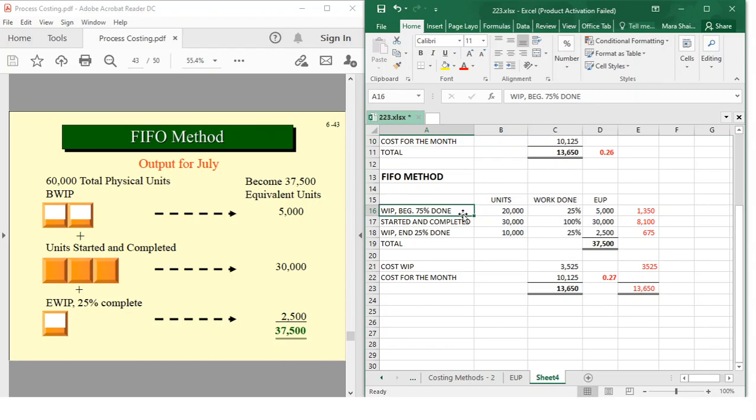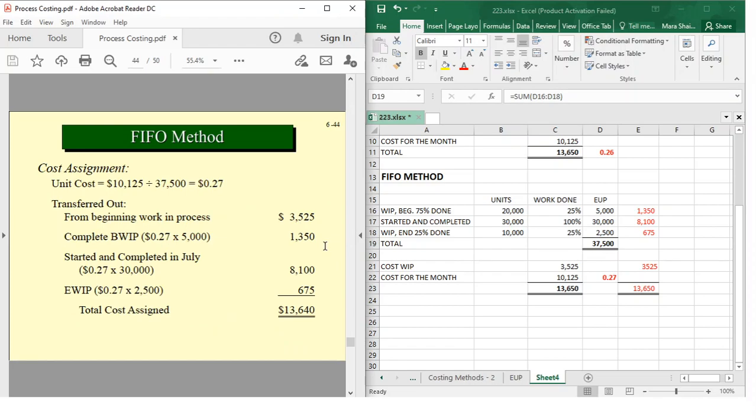The work done is only 25%, because the 75% was already completed. Then you have 5,000, and the units started and completed, 30,000 at 100%, and the ending at 25%. So you have an EUP of 37,500.